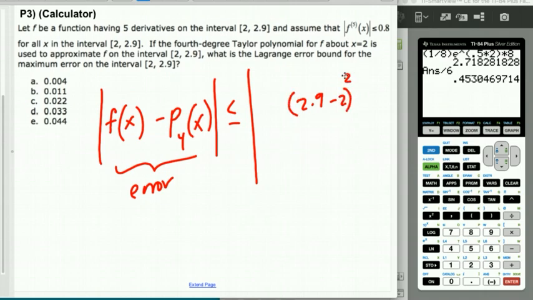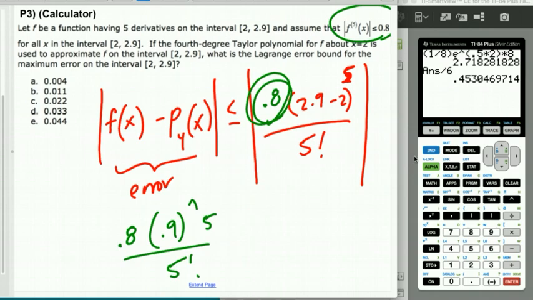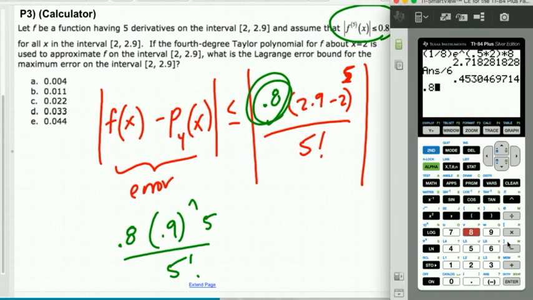to the fifth, not squared, sorry. Come on, brain. Fifth. Over a 5 factorial. And then this should be the maxed out version of the fifth derivative, but we were given that it's a 0.8. So basically what I'm typing in my calculator is 0.8 times a 0.9 to the fifth all over a 5 factorial, and that's the decimal I want to find. So 0.8 times 0.9 to the fifth, all divided by 5 factorial, and if you know what 5 factorial is, you can certainly just type the 120.